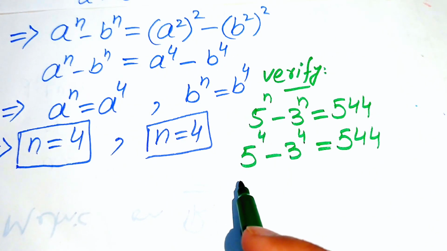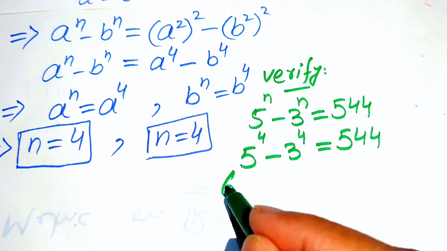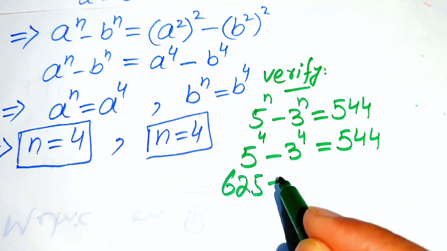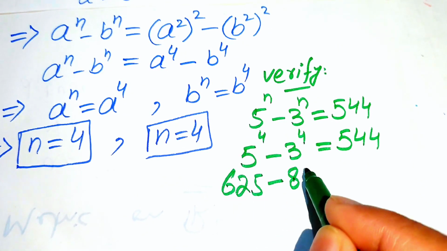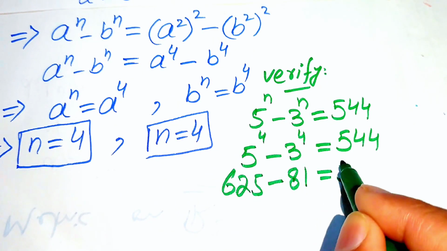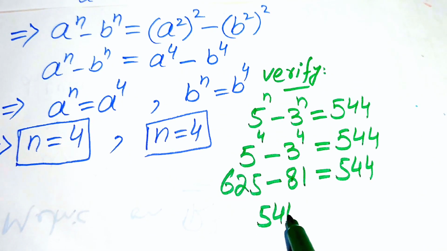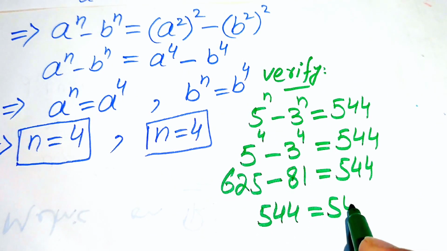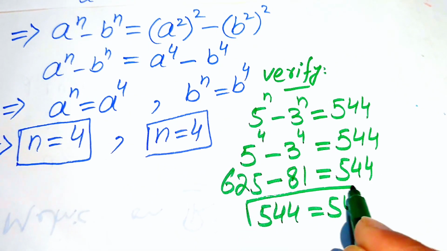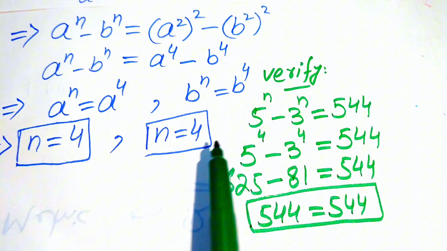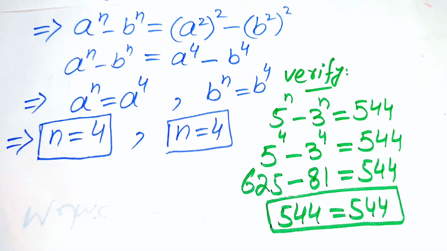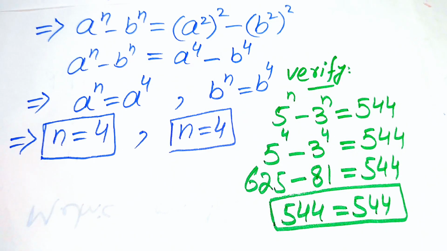We know that 5 to the power of 4 equals 625, and 3 to the power of 4 equals 81, and this whole expression equals 544. So 544 equals 544. This shows that n equals 4 satisfies the given question statement, and n equals 4 is the only solution of this problem.